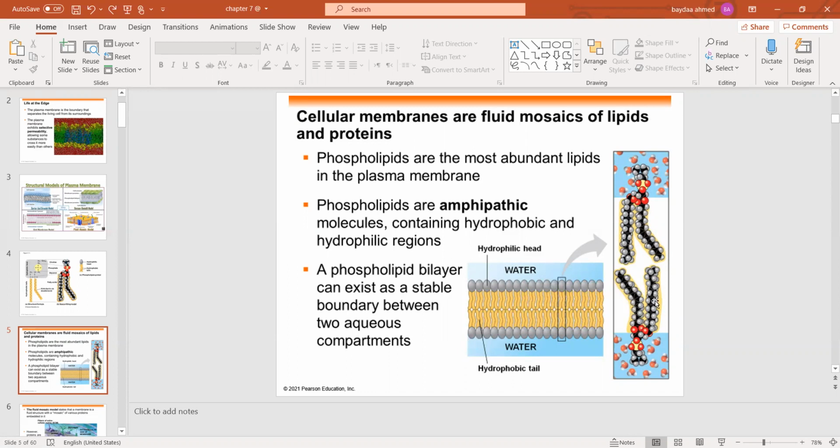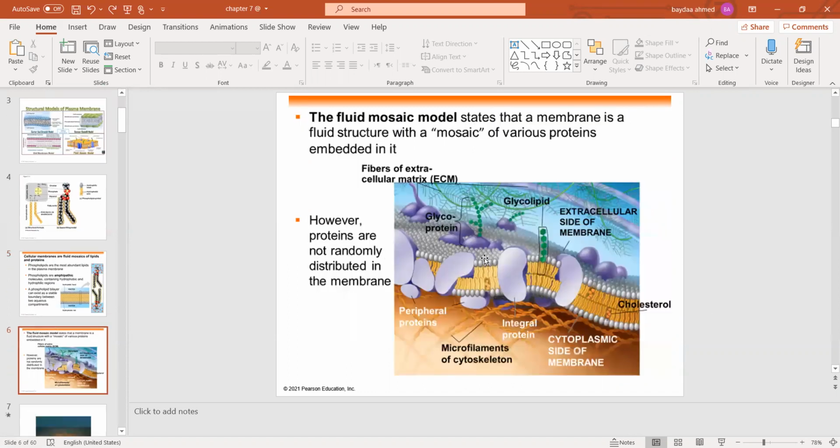This image shows the currently accepted model of the arrangement of molecules in the plasma membrane. In this fluid mosaic model, the membrane is a mosaic of protein molecules bobbing in a fluid bilayer of phospholipids.